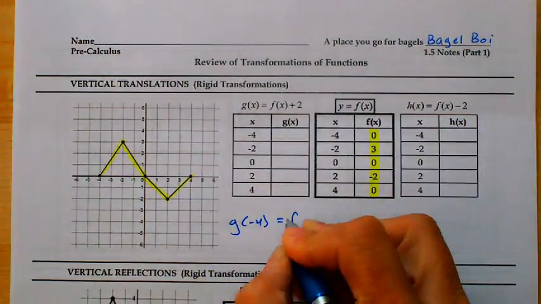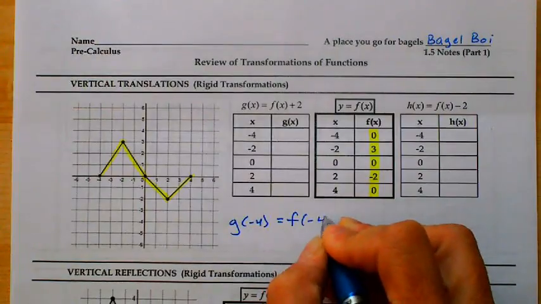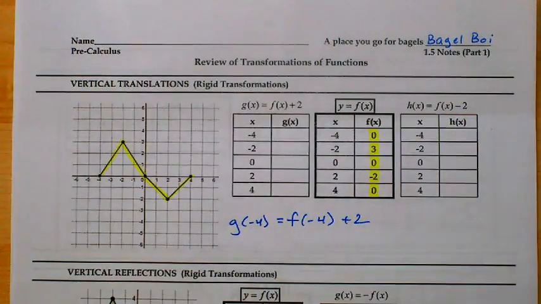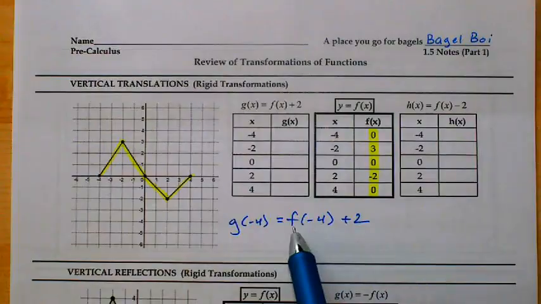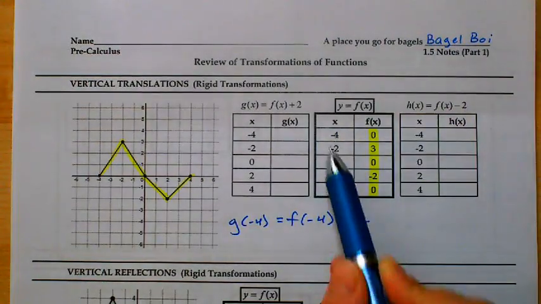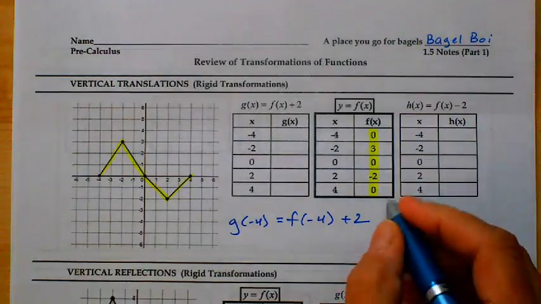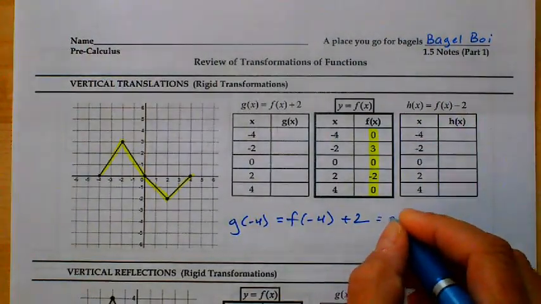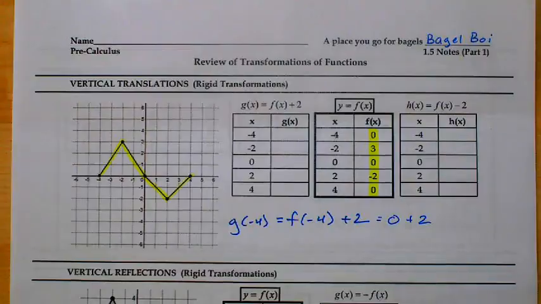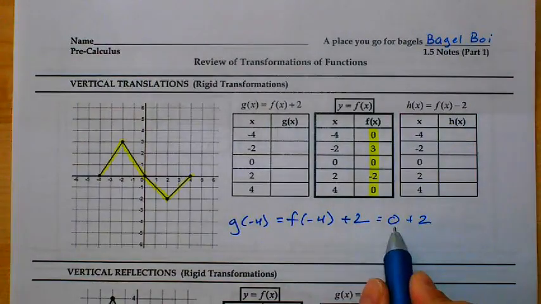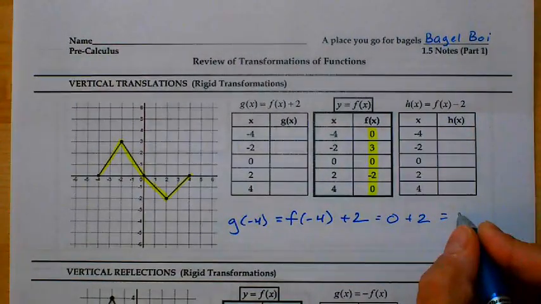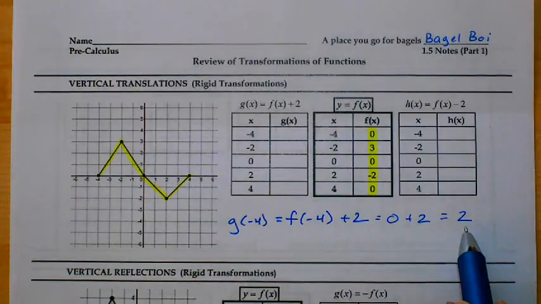All right, the rule implies we should place the negative 4 in for the x, and now when we go to compute f of negative 4, let's look at our chart. F of negative 4 is 0. And I look that up, write in the 0, add the 2, and that comes out to 2.